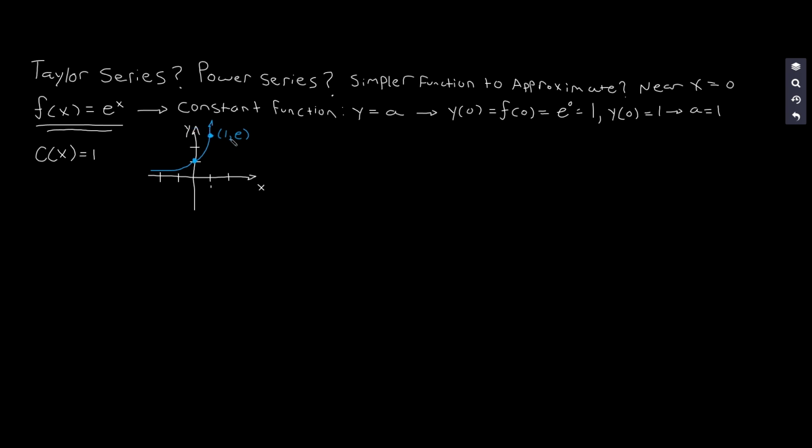And then we're going down, because we have x equals -1, right? So we're going back this way, and right here we could put a point, call this -1 and 1 over e.